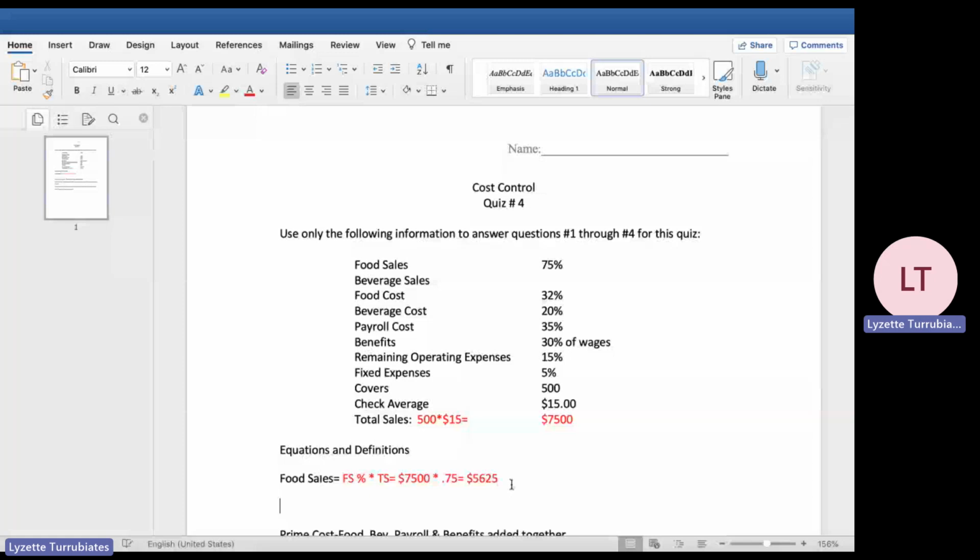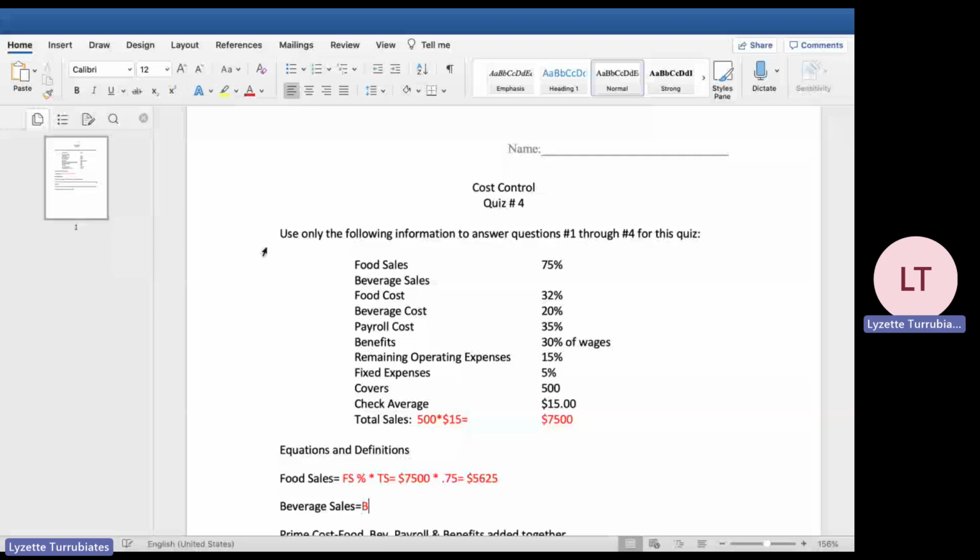We're just trying to find the dollar amount. If you were trying to find the percentage, you'd be dividing, because that's how you get the percentage. But here we're looking for the dollar amount, so we need to multiply our percentage by our total sales.